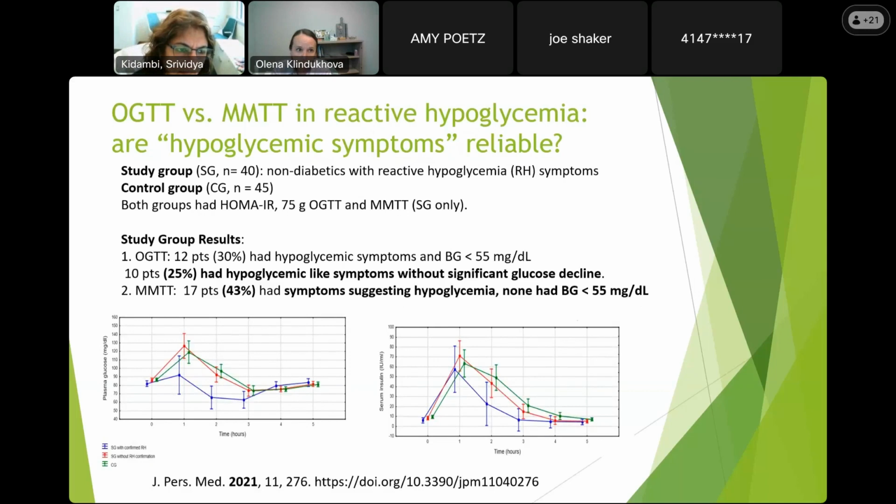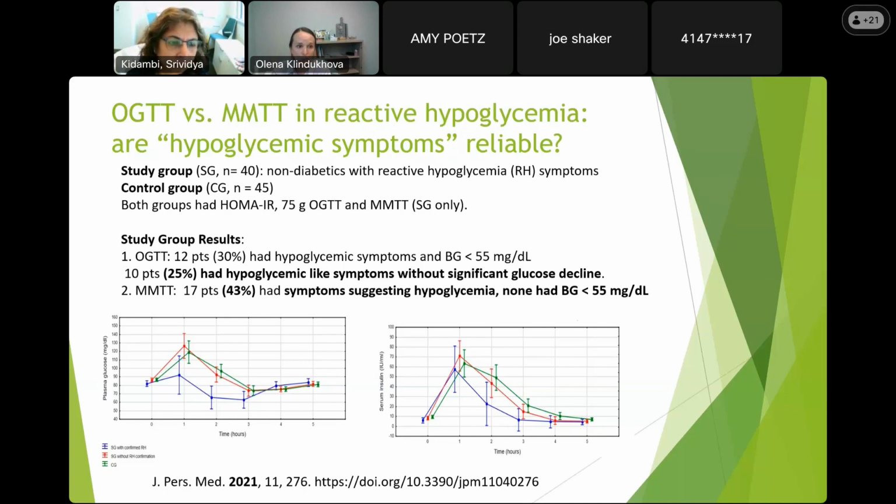They had a study group of 40 non-diabetic patients who had reactive hypoglycemia symptoms, and the control group was normal volunteers. Both groups had HOMA-IR. They had a 75-gram OGTT, and the study group also had a mixed meal tolerance test.